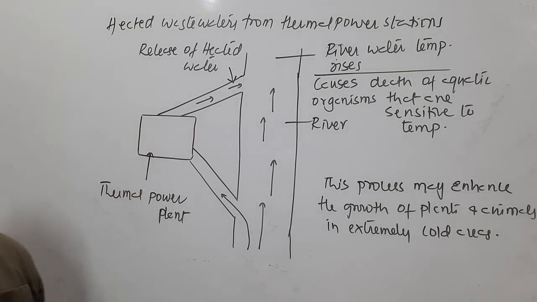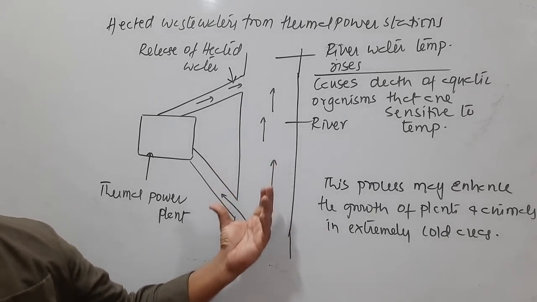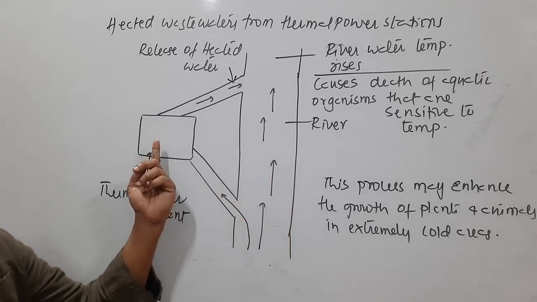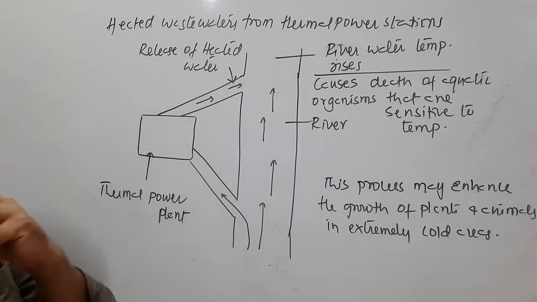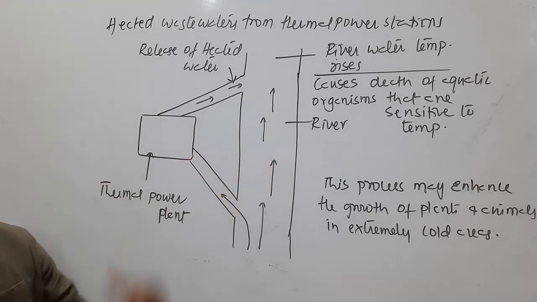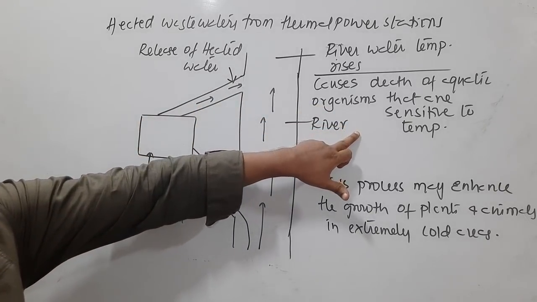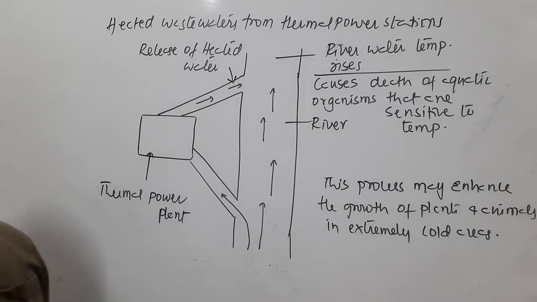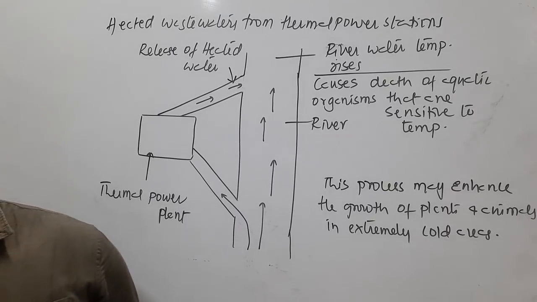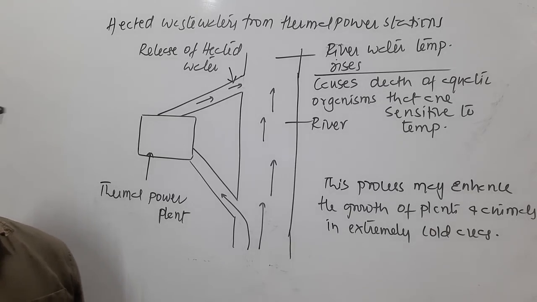But in other places where the outside temperatures are not so cold, the river water may already have a certain temperature, and releasing these heated waters will further increase the temperature, and definitely it can result in the elimination or reduction of the organisms that are sensitive to temperature. But that will also happen only after causing damage to the indigenous flora and fauna, right?